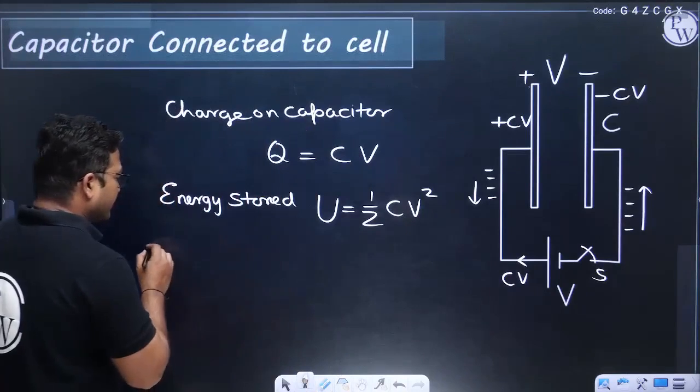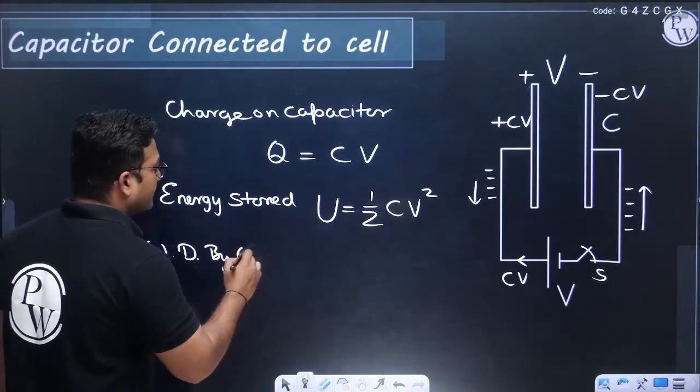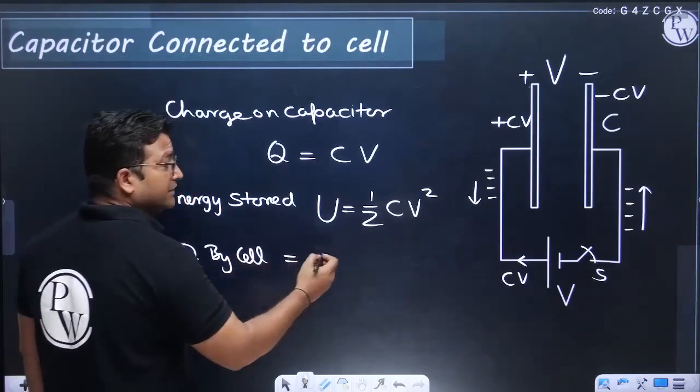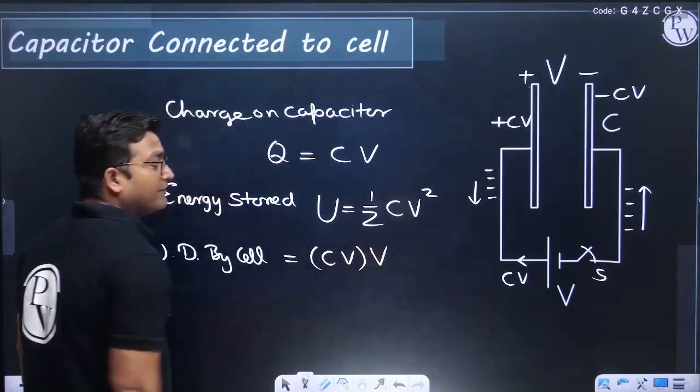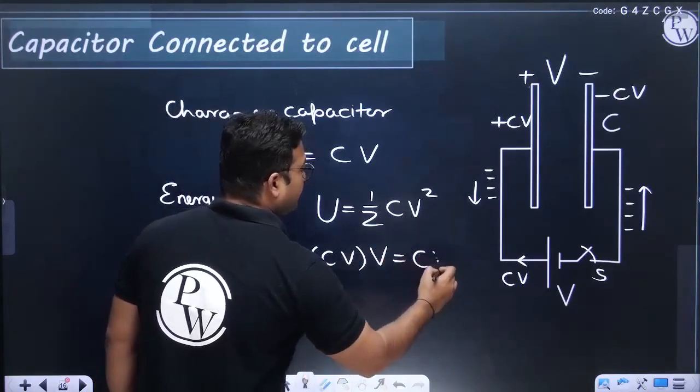So let me write: work done by the cell, or battery, equals the charge provided by the battery multiplied by the EMF of the battery. So it is equal to CV squared.